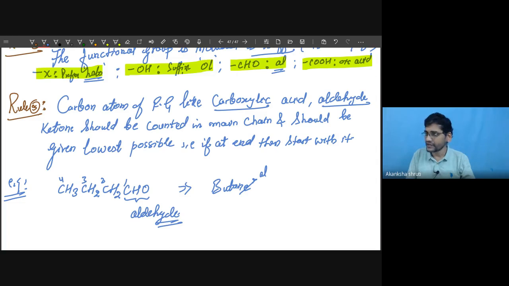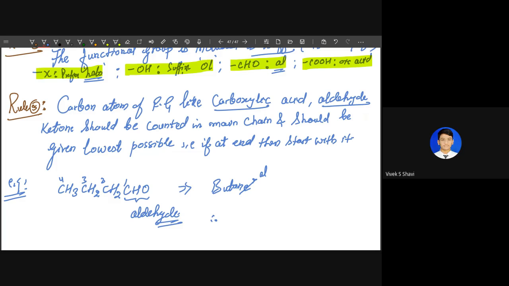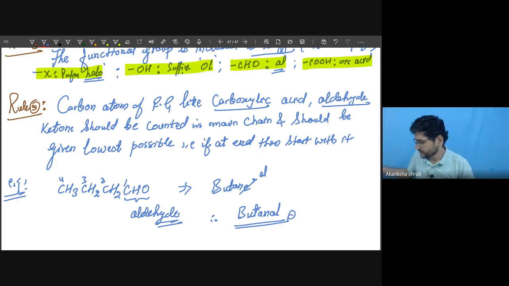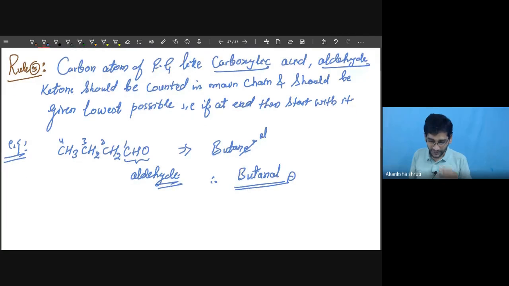While it is from the one terminal, giving the number 1 is not required. If it is not at the terminal, like ketone, which is not at the terminal, there the numbering is required. So a student, what will be this? The answer will be butanal. This is the answer. Are you getting? It's so simple. Only this simple kind of question, this nomenclature will be asked to you people.